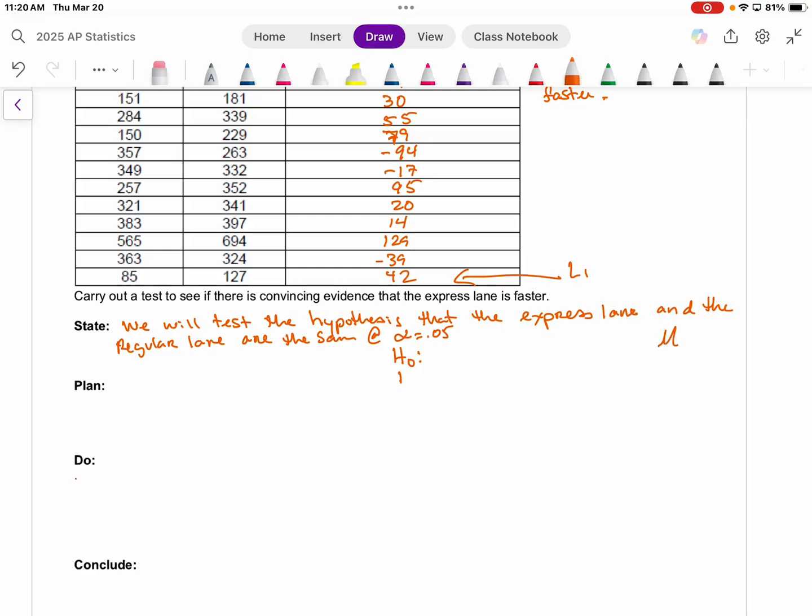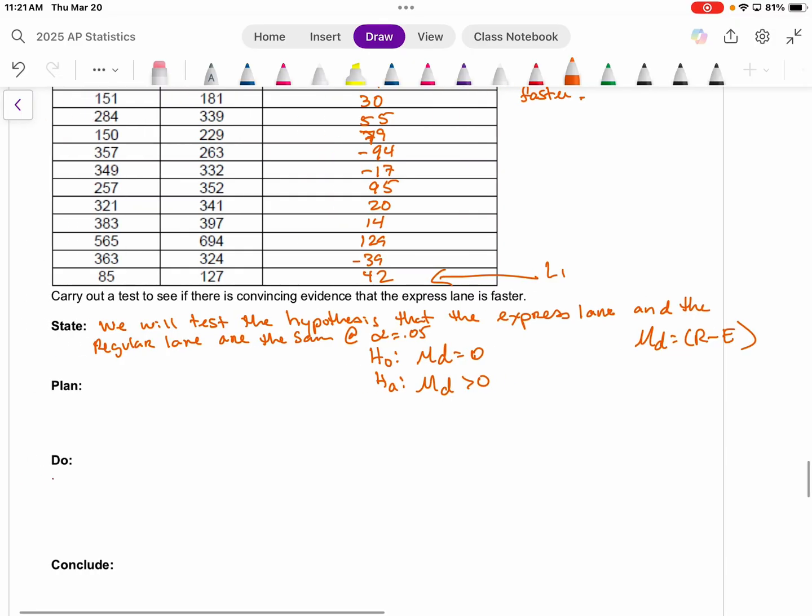So mu d is equal to basically regular minus express, and the null is that mu d is equal to 0. My alternative hypothesis is that the mean is positive. Mu d is greater than 0. And then I would want to specify what mu d is.